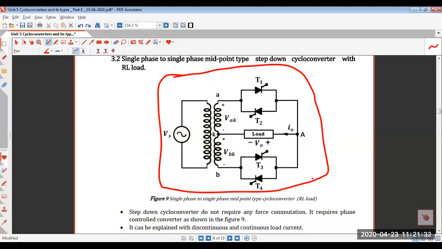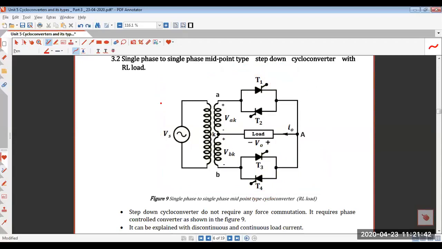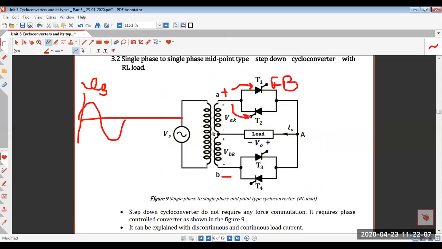For the positive half cycle of Vs, SCR T1 and SCR T4 will be forward biased, because in the positive half cycle, this point A will be positive and B will be negative. So this particular SCR is forward biased and this particular SCR is reverse biased, right?